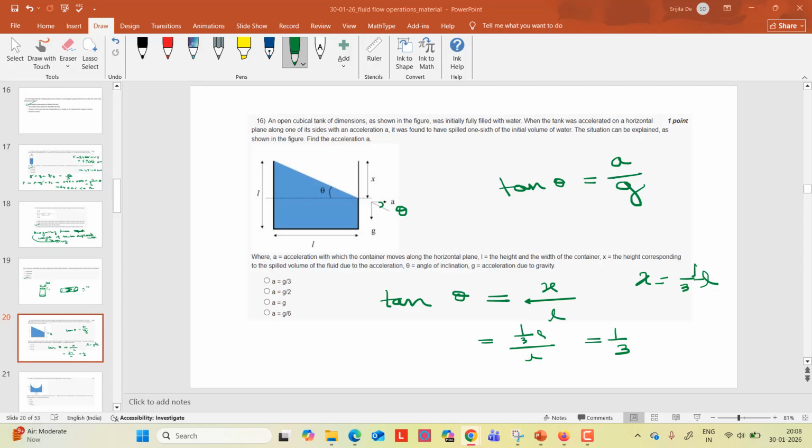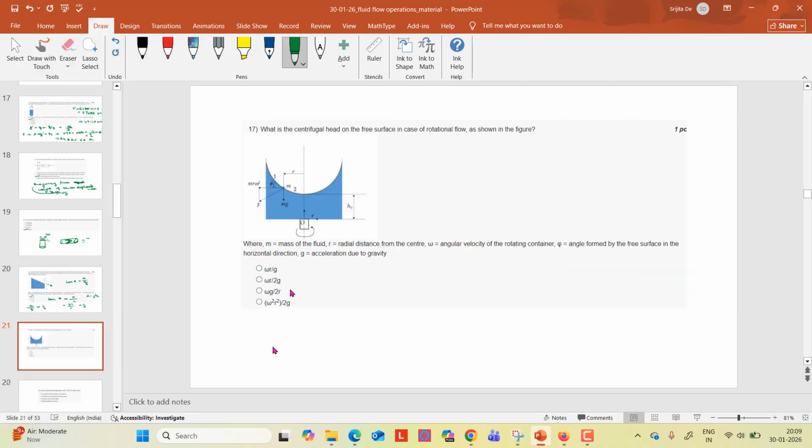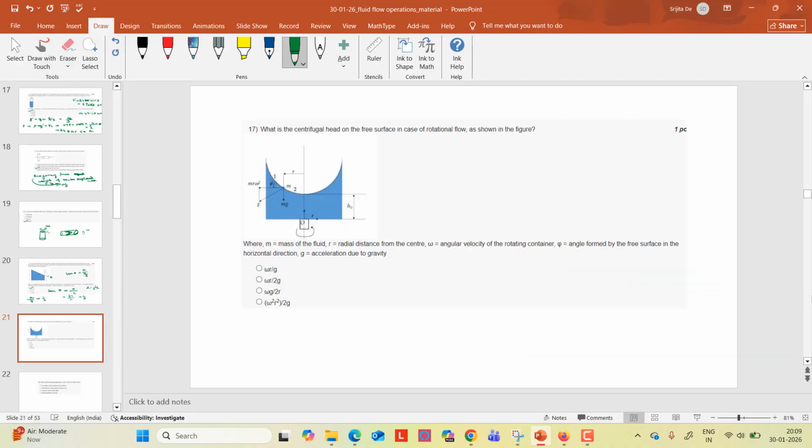So again, if a by g equals 1/3, then a equals g by 3. This is option 1, A. 17.